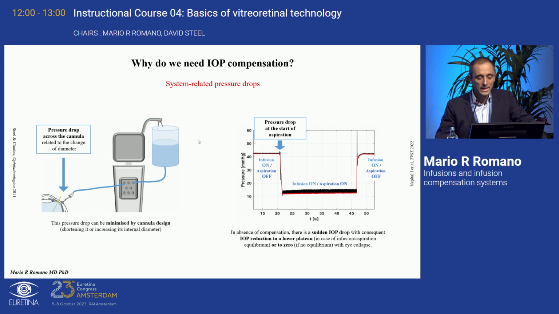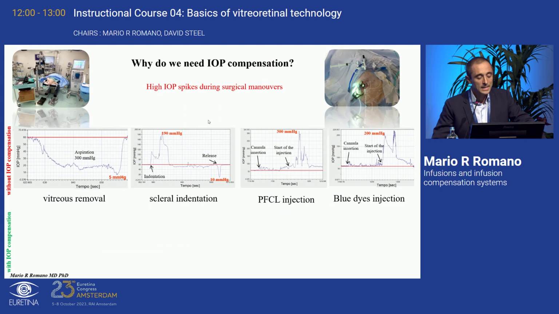But why do we need an IOP compensation? Because of the pressure drop across the cannula and the drop when we start the aspiration. At the end, we have a sudden IOP drop and IOP reduction to a lower plateau most of the time, sometimes going to zero with eye collapse. On the other hand, we can also have high IOP spikes during surgical maneuvers.